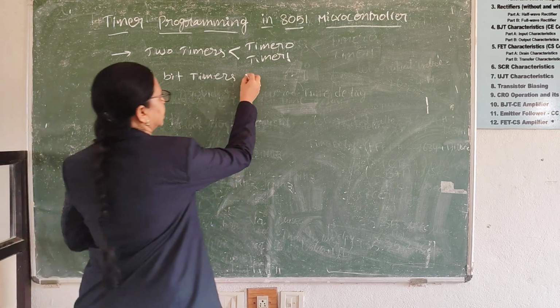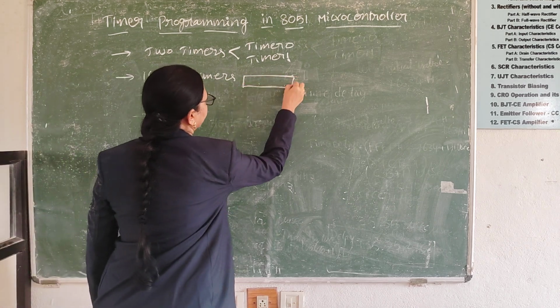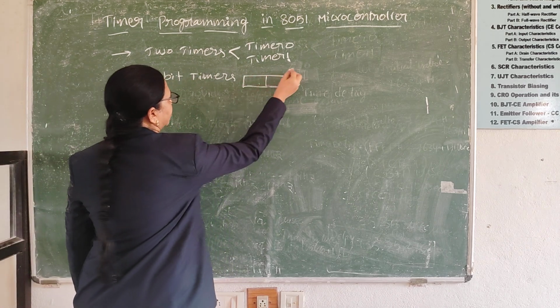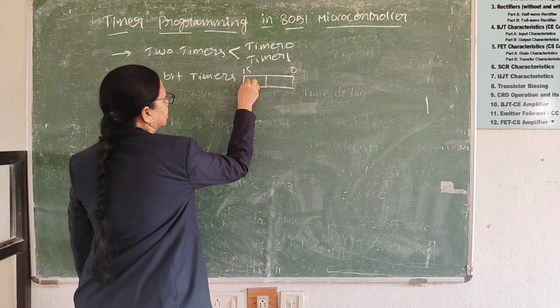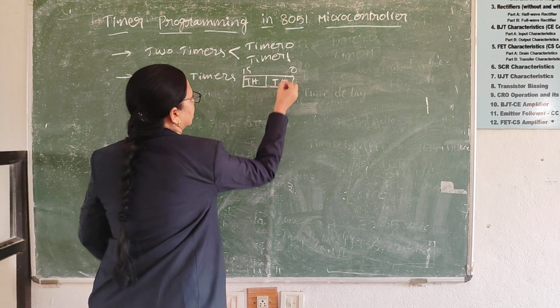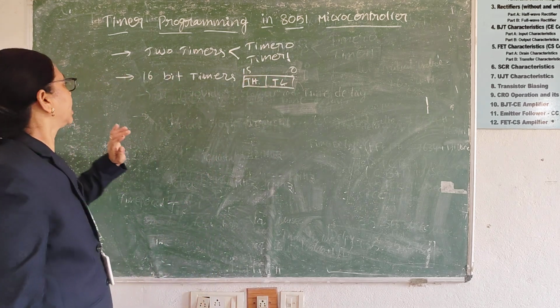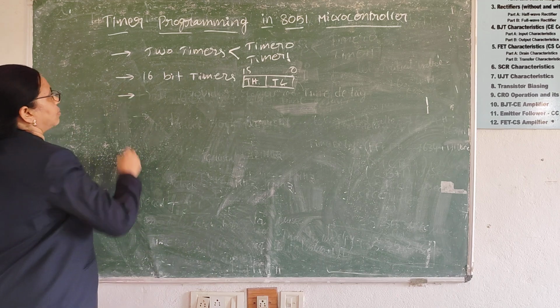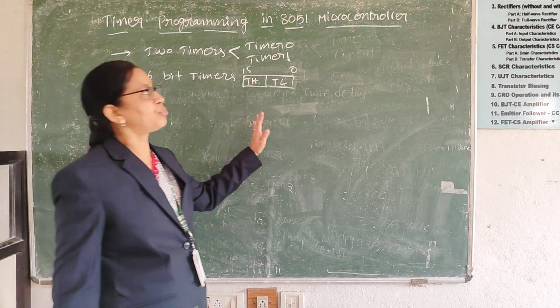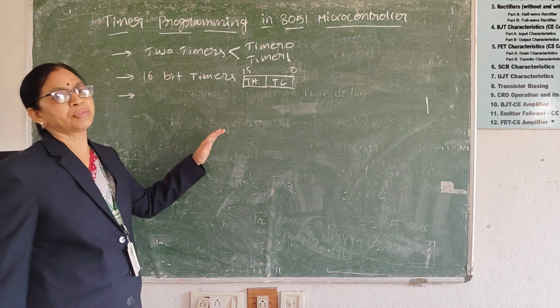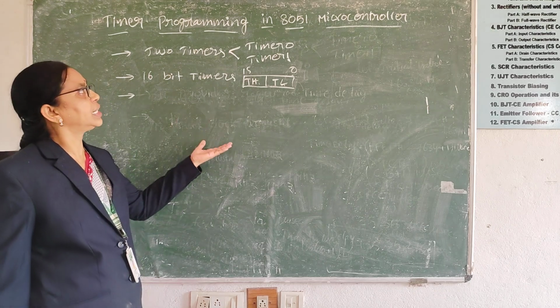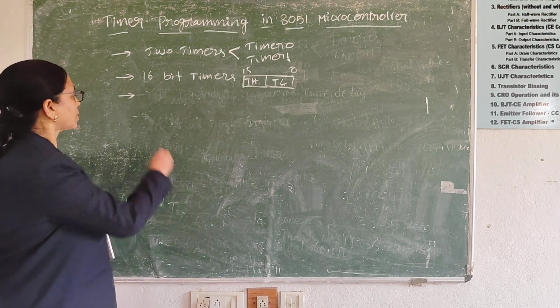Each 16-bit timer can be divided into a higher byte and a lower byte. Timer programming means the 8051 can be programmed for delivering the required time delay.